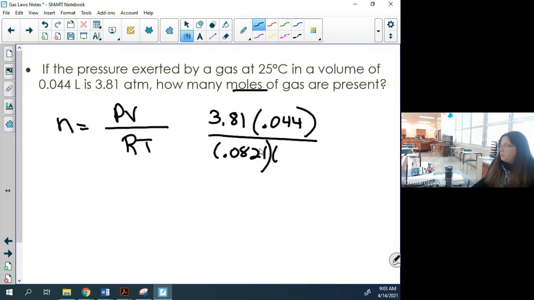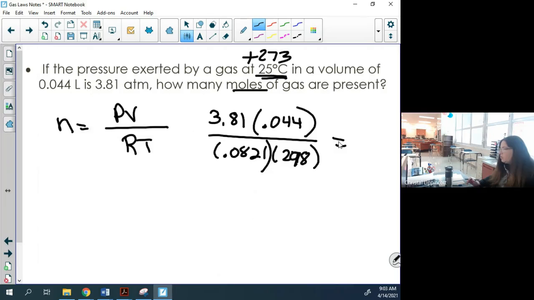And then I need to multiply that by temperature, but the temperature has to be in Kelvin. So I've got to add 273 to this value. So that makes that 298. And then I just go through and do my math. So 2.81 times 0.044.